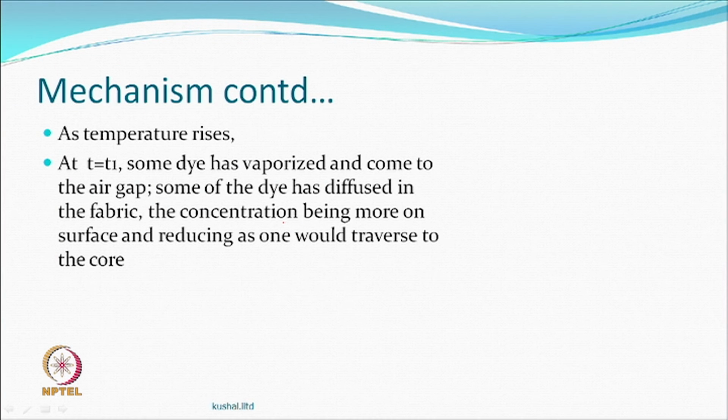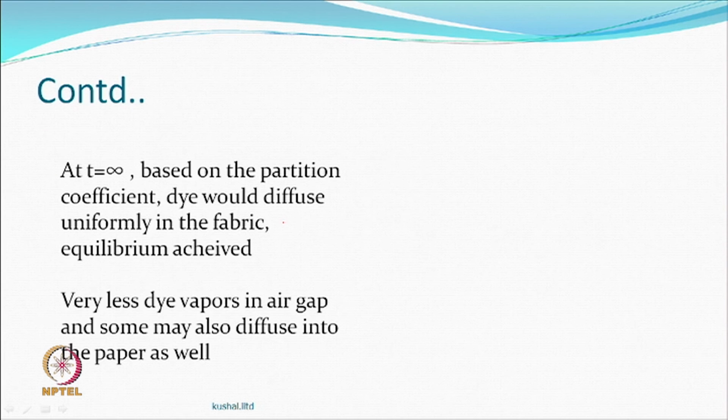So, at T is equal to infinity, what happens? At T is equal to infinity, it is based on the partition coefficient. Now, all the affinity forces would be working, the molecular size, the temperature will be working.